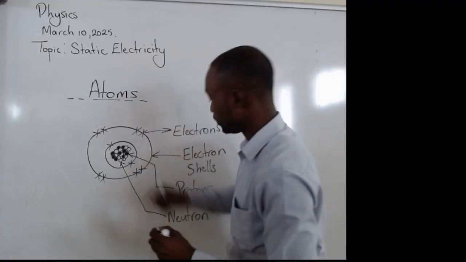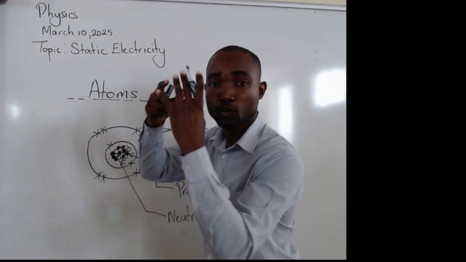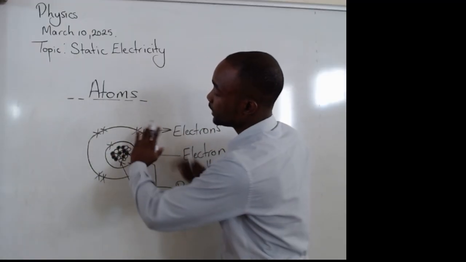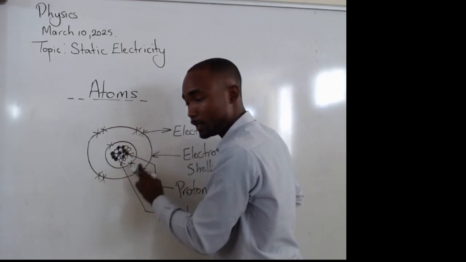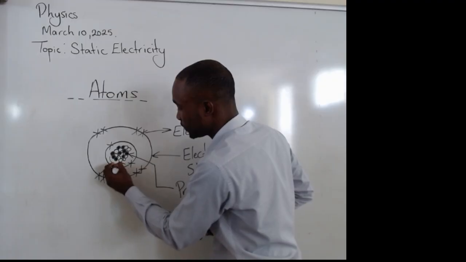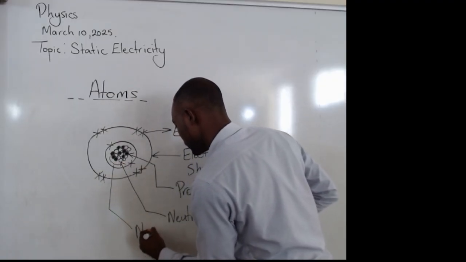Now the protons and the neutrons, they exist within the nucleus of the atom or the center of the atom, while the electrons, they orbit the atom on the outside. So here, I will call this the nucleus.